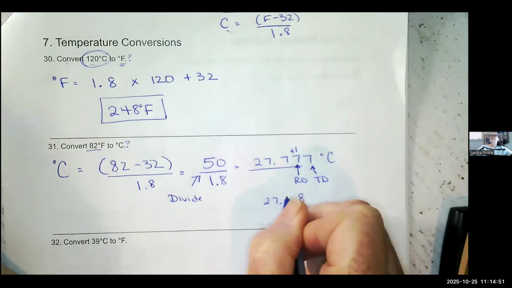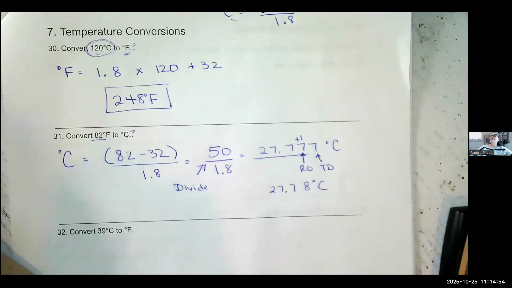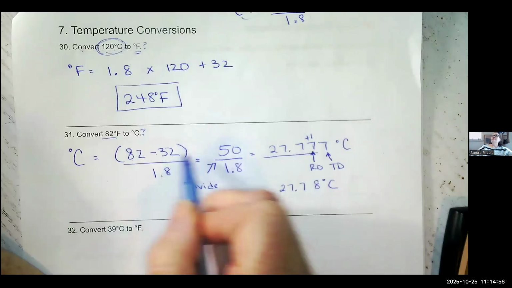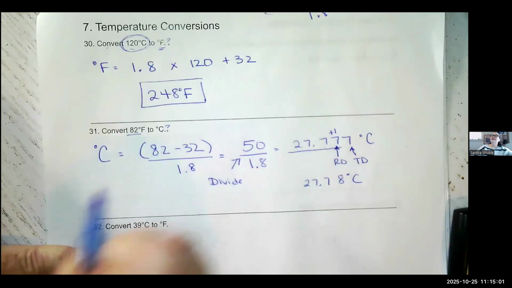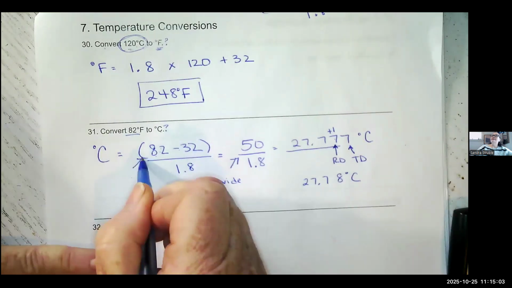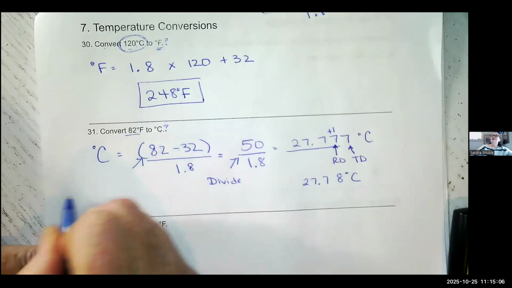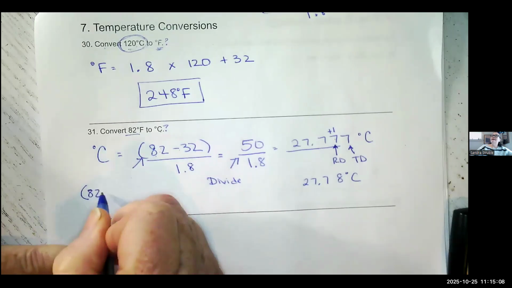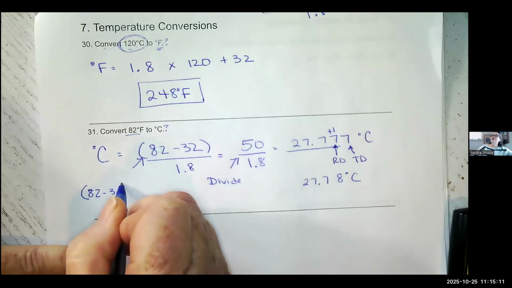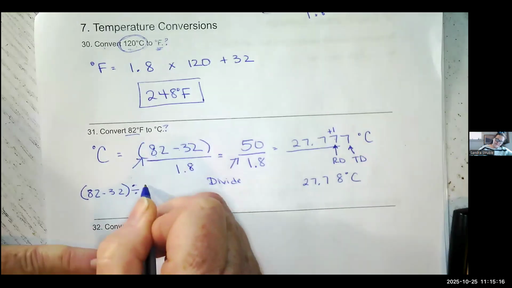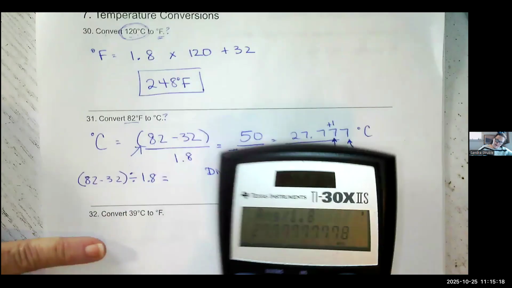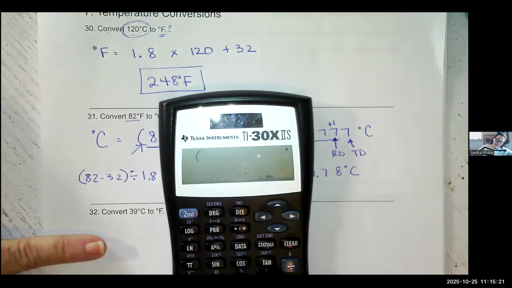Okay. The other way you could do this, instead of doing the top and then the bottom and then dividing, is to put the whole thing at once. But if that's the case, you must use the parentheses. So you would go parentheses, 82 minus 32, close parenthesis, and then where this division symbol is, you're going to put divided by 1.8 and then equals. Those are your two options on how to solve this.